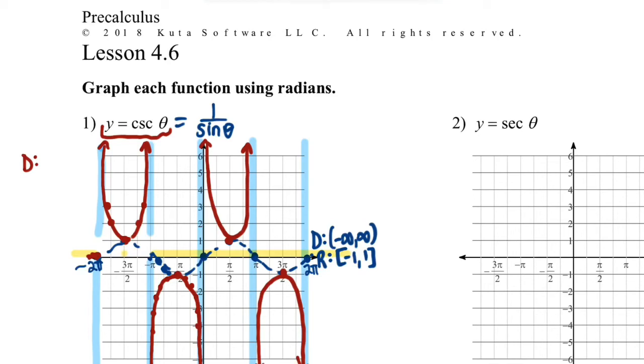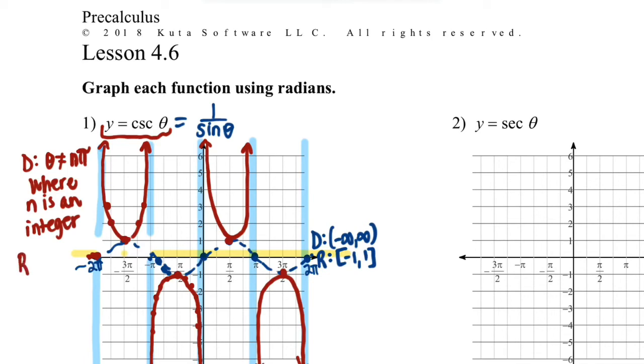So theta cannot equal n pi, where n is an integer. So it's all the values except for your pi values.